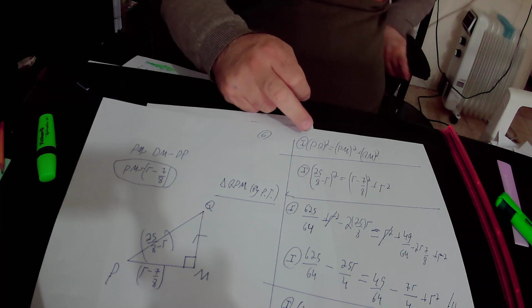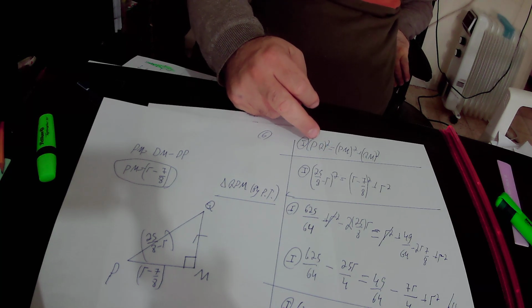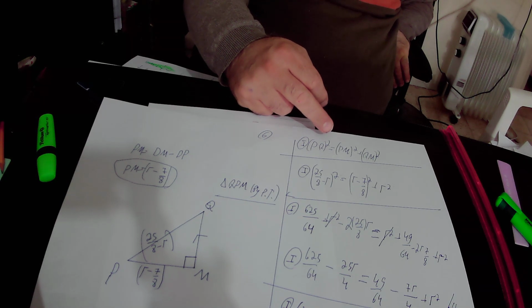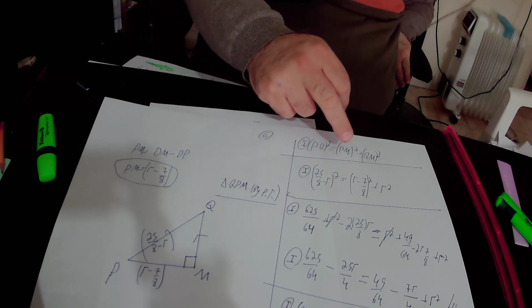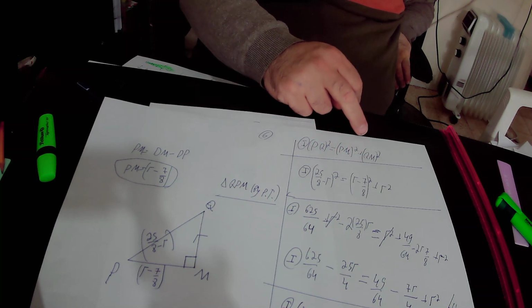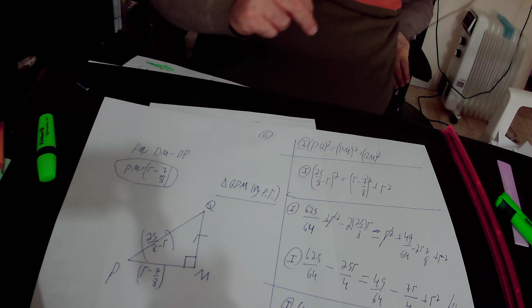PQ equals 25 over 8 minus r, so PQ square equals (25 over 8 minus r) square, and it is equal to PM square plus QM square. PM equals r minus 7 eighths, so PM square equals (r minus 7 eighths) square. QM equals r, so QM square equals r square.